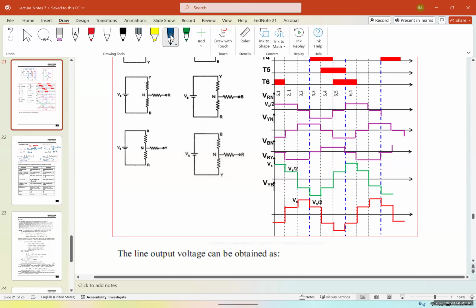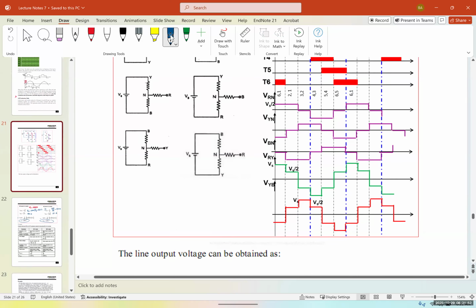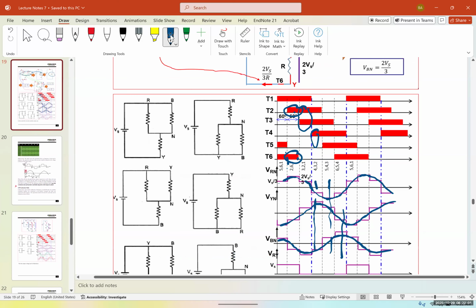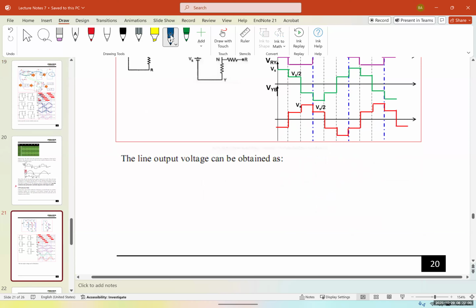Again, these all come from the number of steps that we have. You can see 1, 2, 3, 4 steps in this one, and for the other one, you can see 1, 2, 3, 4, 5, 6 steps, for example. So you can count the number of steps that we have.